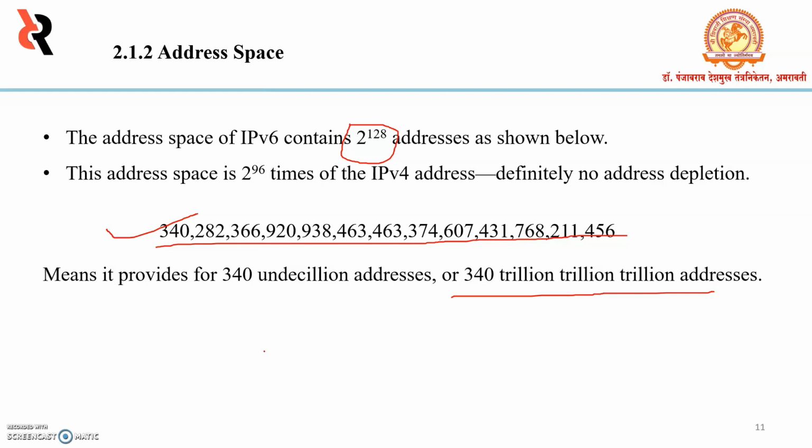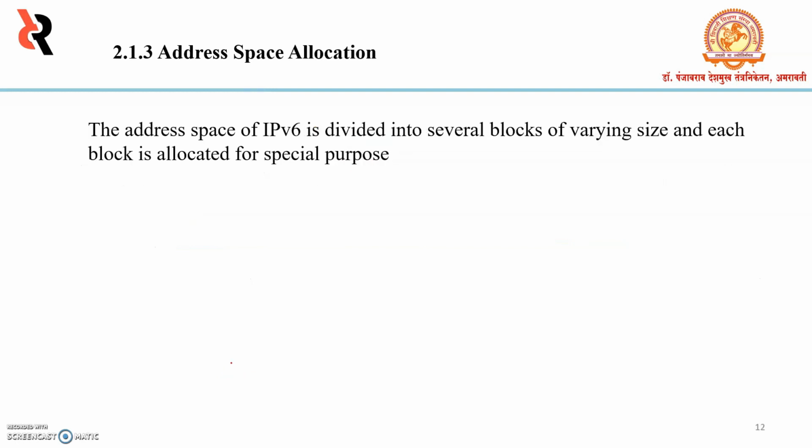If a typical computer has a footprint of about a tenth of a square meter, we would have to stack computers 10 billion high, blanketing the entire surface of the Earth to use up that same trillionth of the address space. Means it provides a huge number of address spaces.